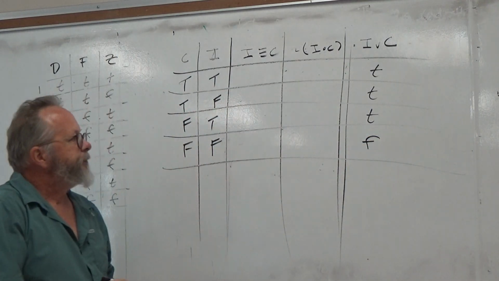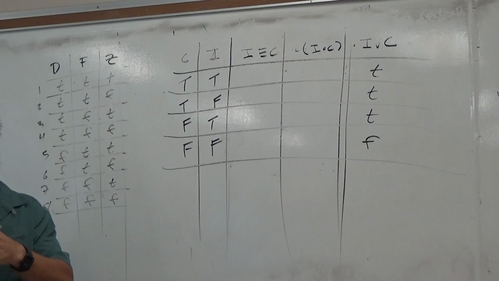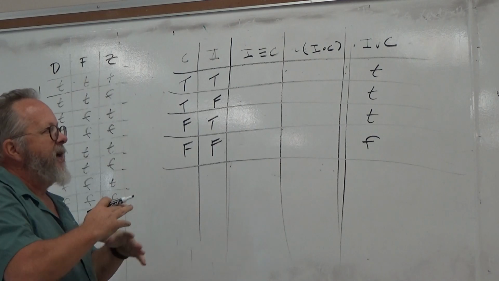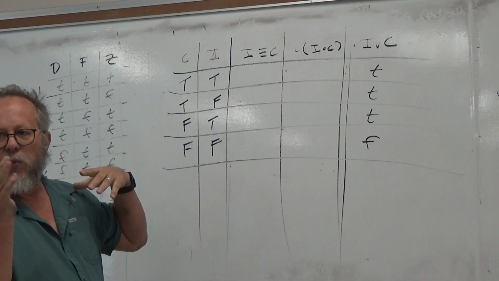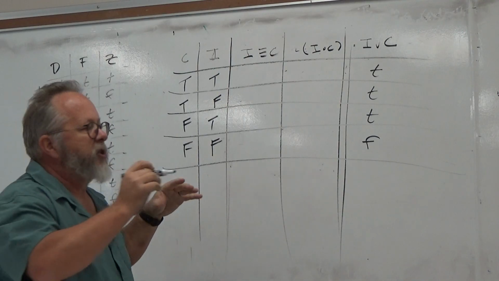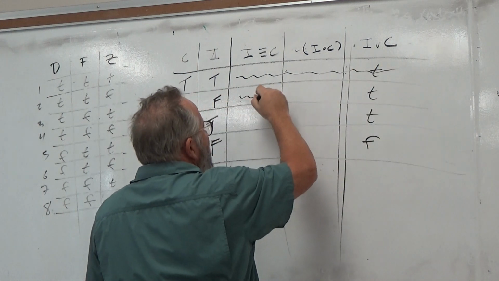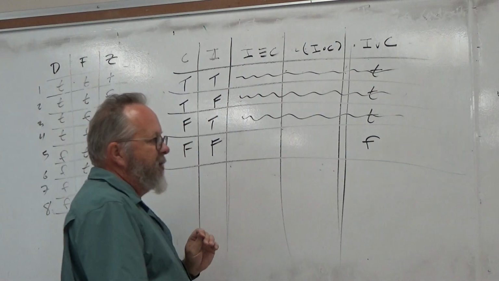Okay, now, we're looking for invalidity, so we need the conclusion to be what? False. That means everywhere where the conclusion turned out to be true is irrelevant to our search. So we're going to eliminate line 1 and line 2 and line 3. We don't need to consider those.